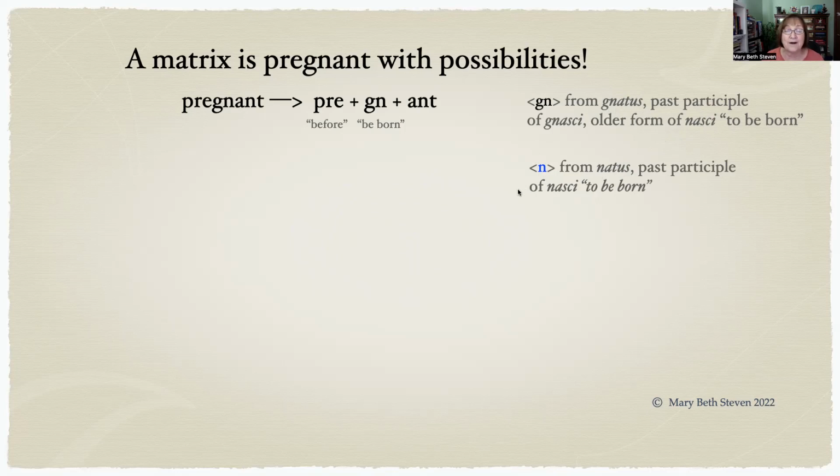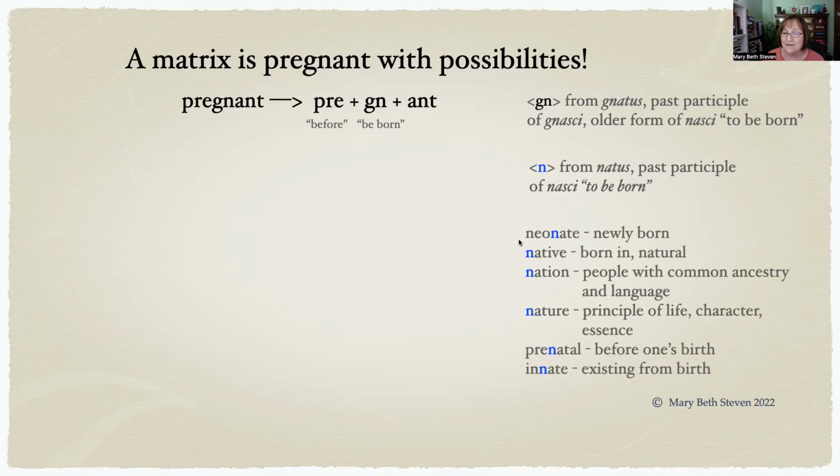So where have I seen this N? Certainly not every N I come across is this N, this bound base. Let's look at a few words where you might see the connection. Look at neonate, having a sense of newly born, the N-E-O having that sense of new.